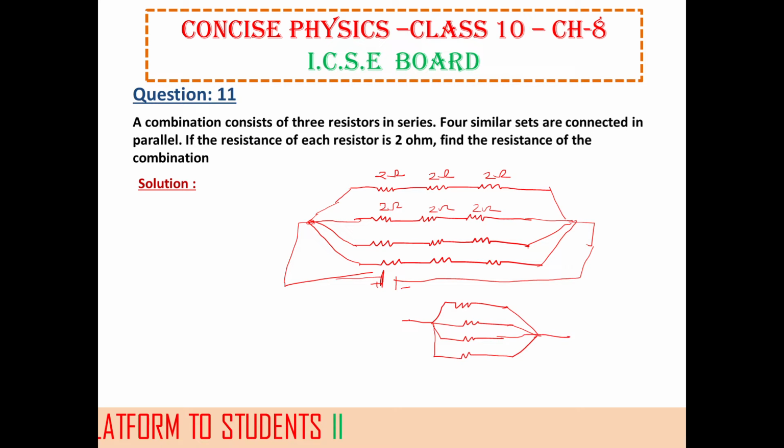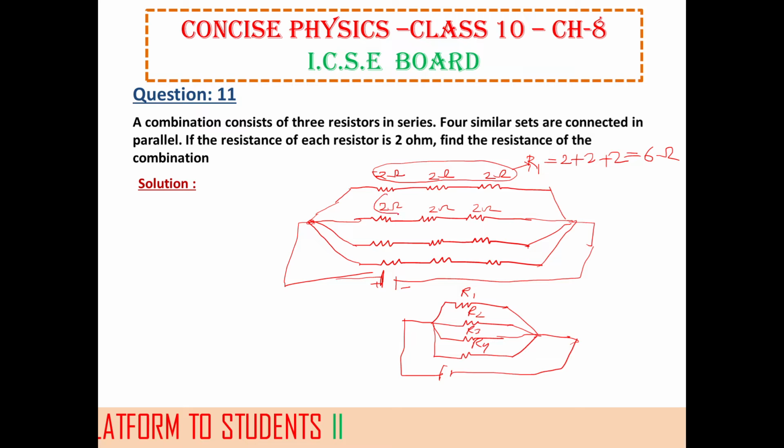I'm doing it step by step. Call these R1, R2, R3 and R4. R1 is the combination of these 3 in series, so R1 will be equal to 2 plus 2 plus 2 equal to 6 ohm.